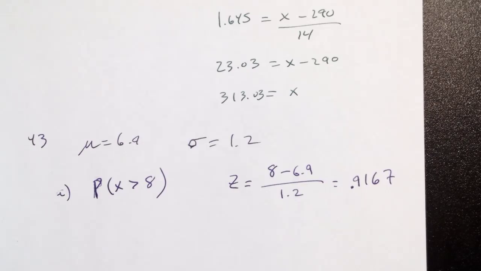How unusual or not unusual? I need the area. The probability of Z being bigger than 0.9167. All right, wait a minute. How are we going to do this? How are we going to look this up? What's the picture look like?